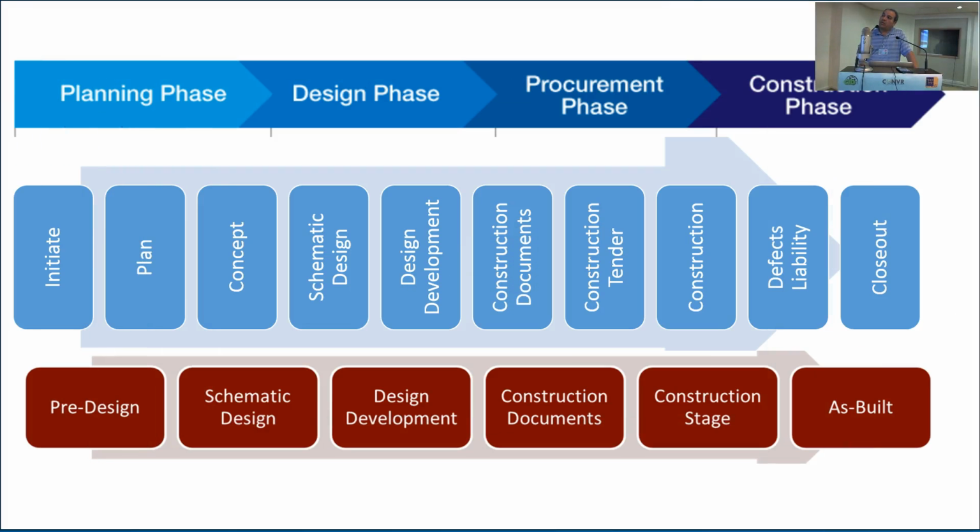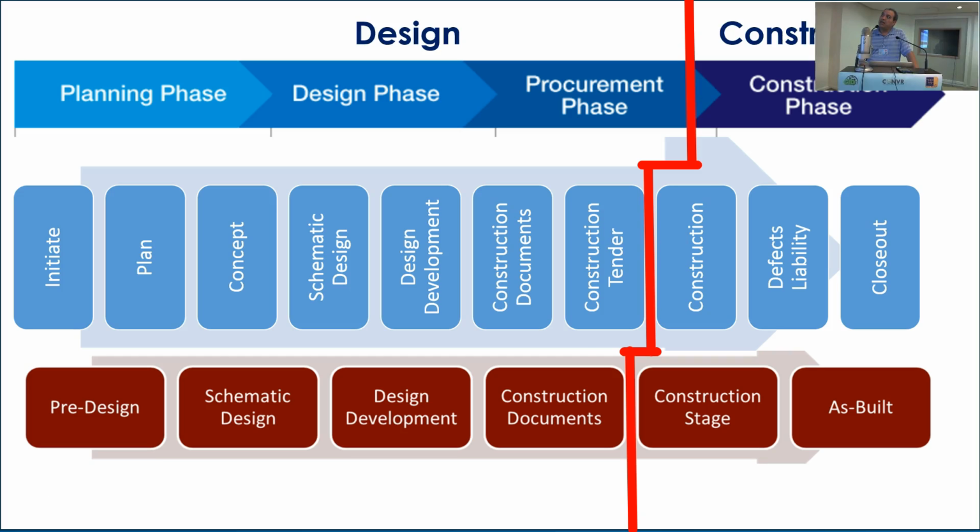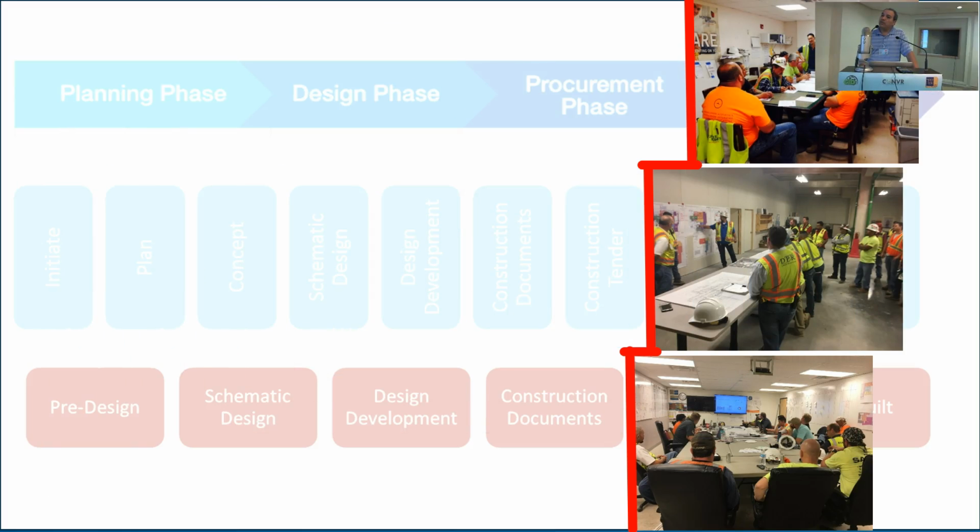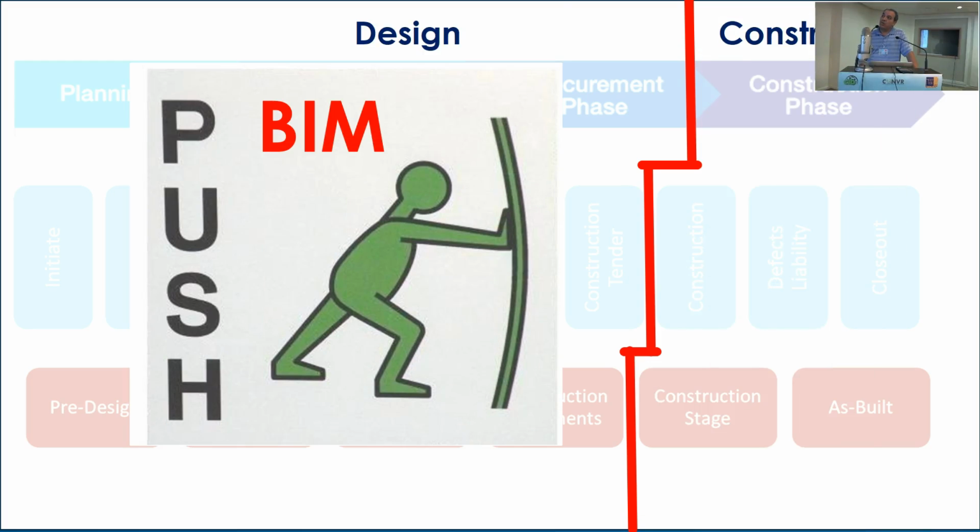So what we discovered is that there is this red line between design and construction, and all these people are not using the model nowadays, because we are trying to push the model onto them and it's not working.